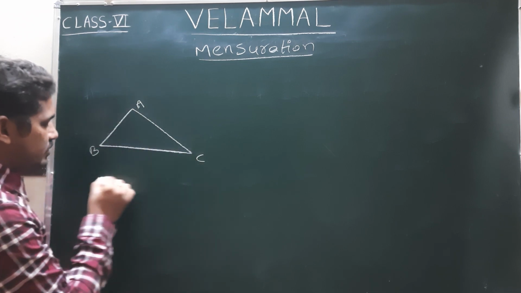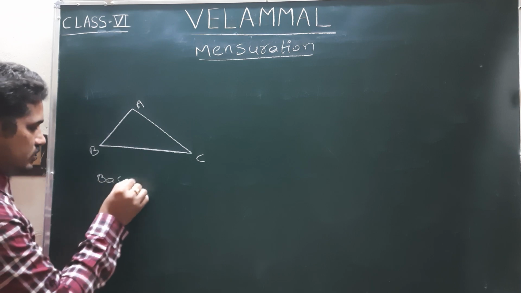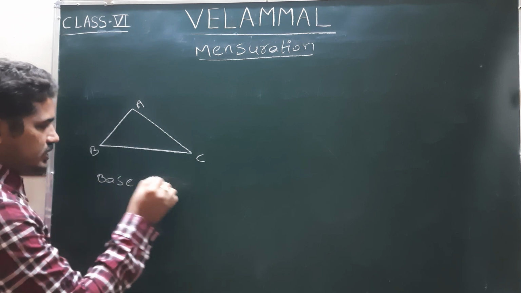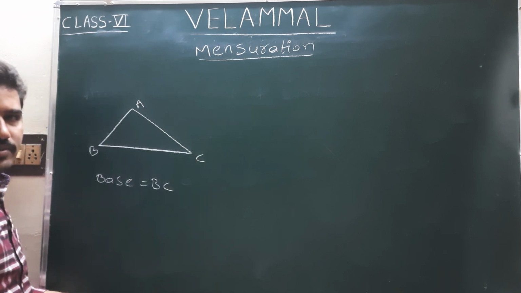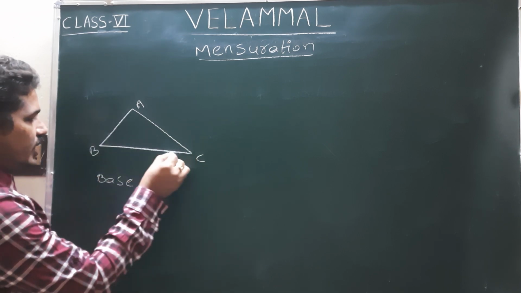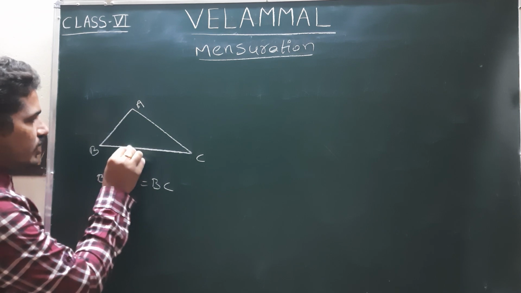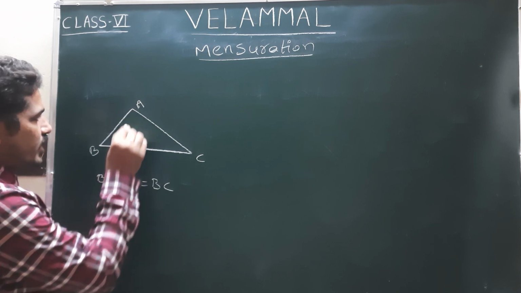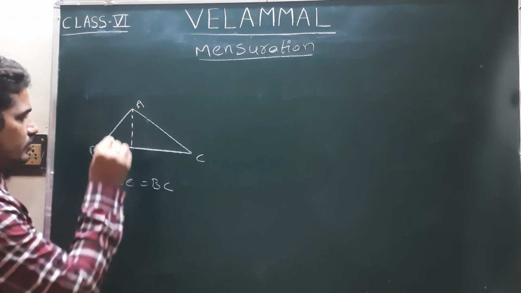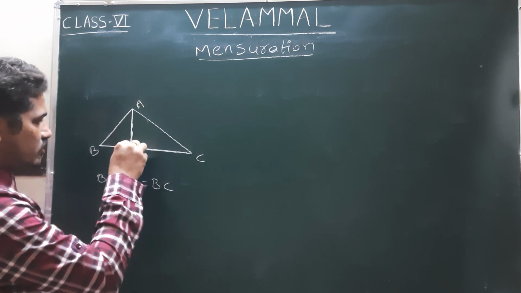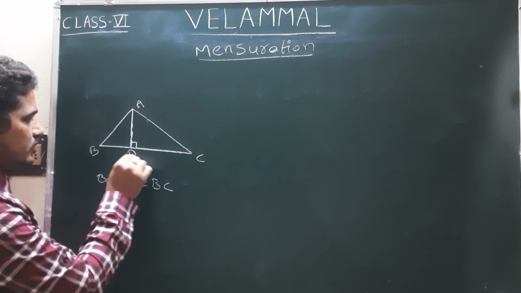BC we are taking as the base. Base is equal to BC. So this we are taking as the base, and to the base we need to draw a perpendicular line that must pass through the opposite vertex A. Okay, this is called the height of the triangle.